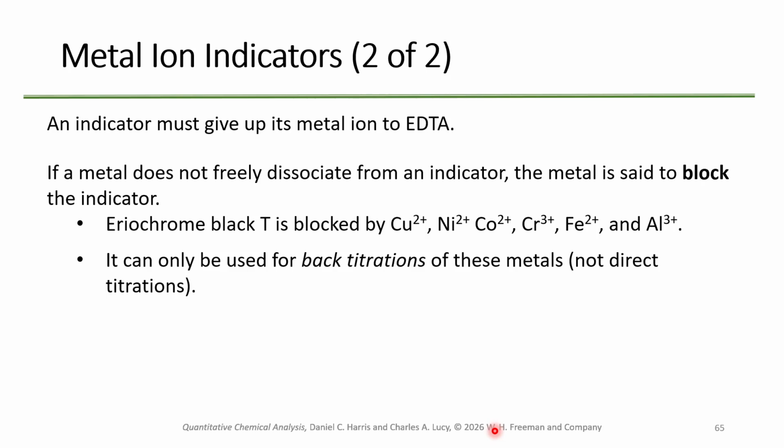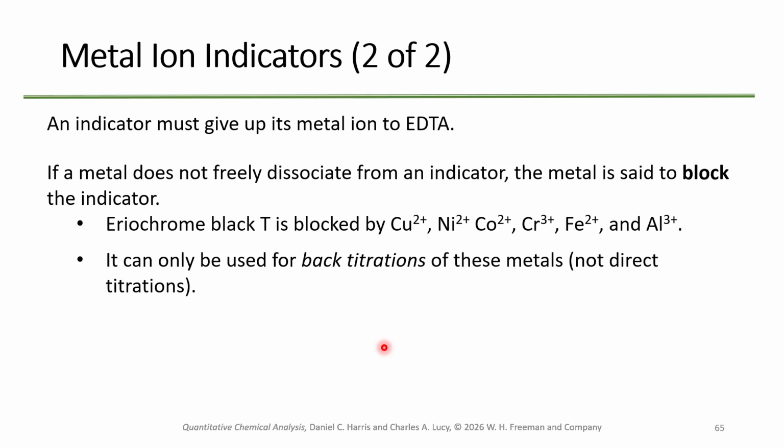Eriochrome black T is blocked by copper 2+, nickel 2+, cobalt 2+, chromium 3+, iron 2+, and aluminum 3+. With any of these it won't come off properly, so it can only be used for back titrations of these metals, not direct titrations.